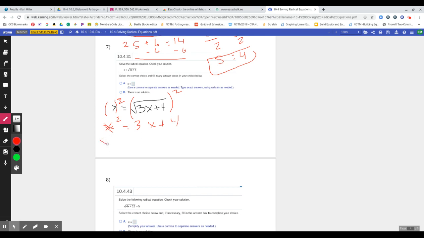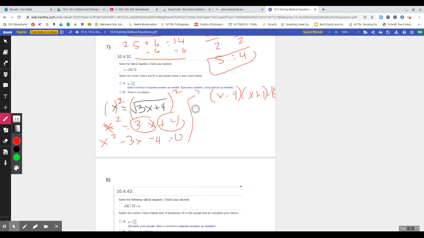So I'm going to subtract 3x, subtract this 3x, and subtract this 4. Okay. So now I'm going to factor. So when I factor, I get x minus 4, x plus 1 equals 0. That's supposed to be a 0.